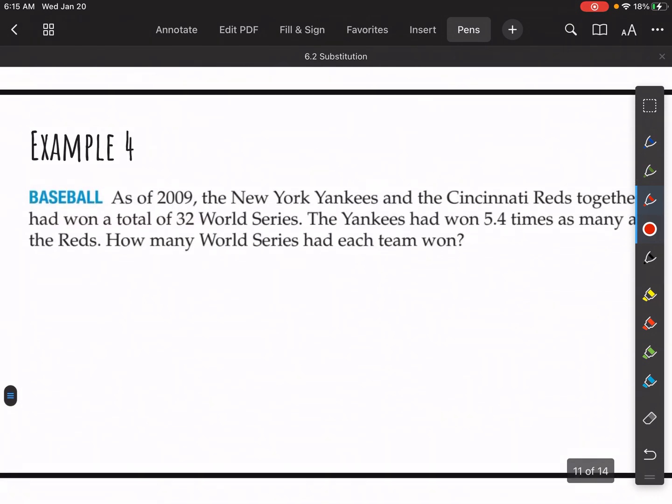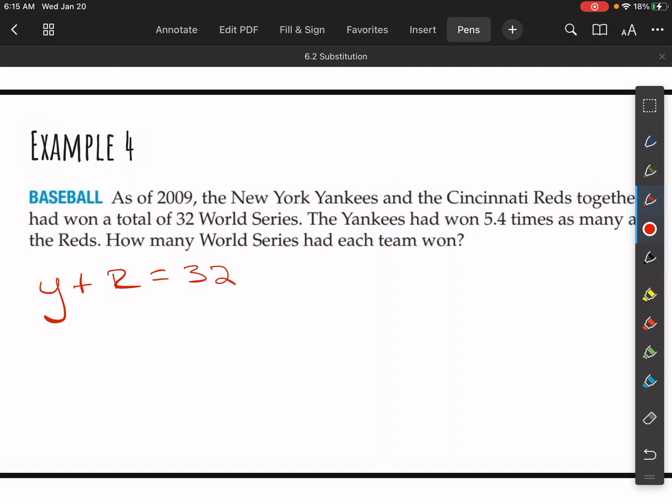All right, the last thing here, example 4. As of 2009, the New York Yankees and the Cincinnati Reds together had won a total of 32 World Series. The Yankees had won 5.4 times as many as the Reds. How many World Series had each team won? They want you to solve the system here. So we have the Yankees y plus the Reds r is equal to 32 wins.